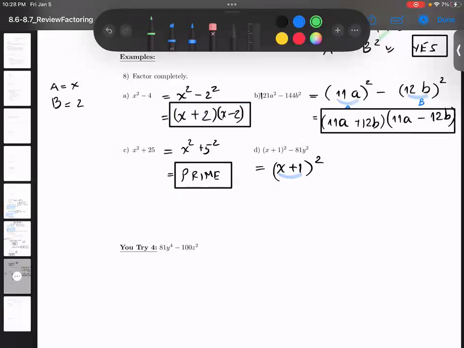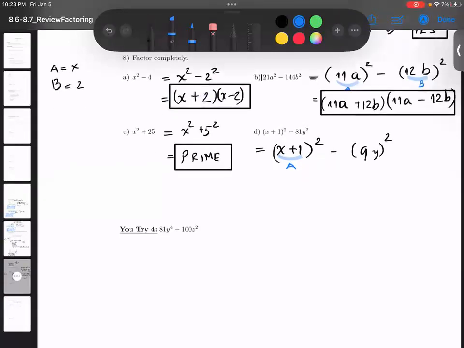My A, that's x plus 1. What is my big B square? Well, the y in here, right? And then what number when you square gives you 81? 9. And what's inside the parentheses, that's your B.